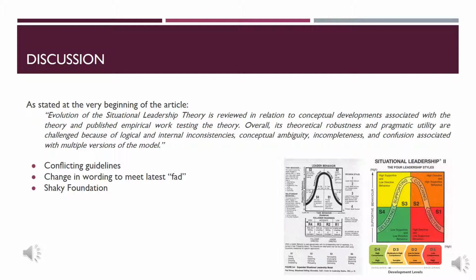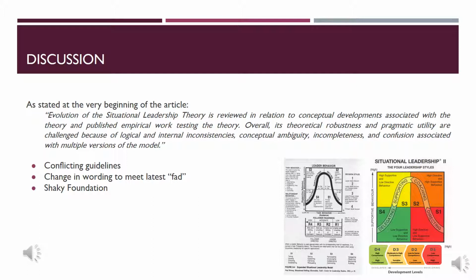evolution of the situational leadership theory is reviewed in relation to conceptual developments associated with the theory and published empirical work testing the theory. Overall, its theoretical robustness and pragmatic utility are challenged because of logical and internal inconsistencies, conceptual ambiguity, and incompleteness and confusion associated with the multiple versions of the model.